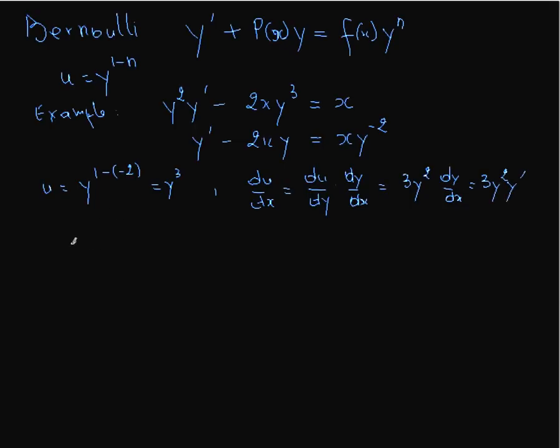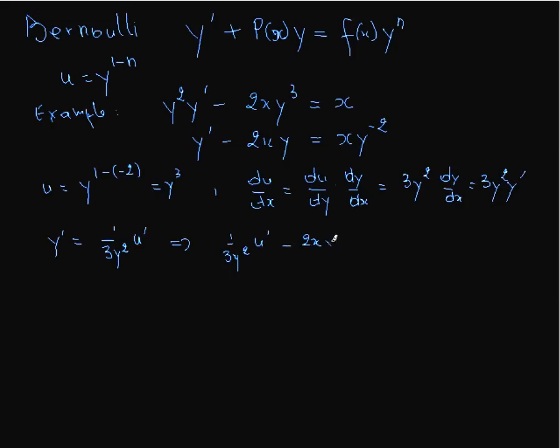That means y prime equals 1 over 3y squared times u prime. Now I just go back to the equation and substitute y prime by this expression.